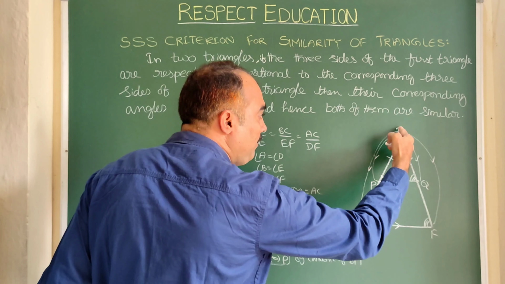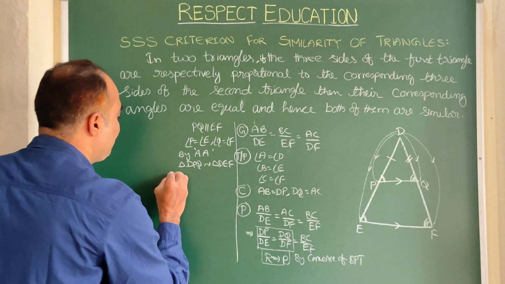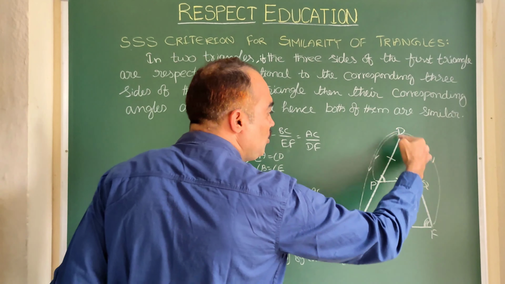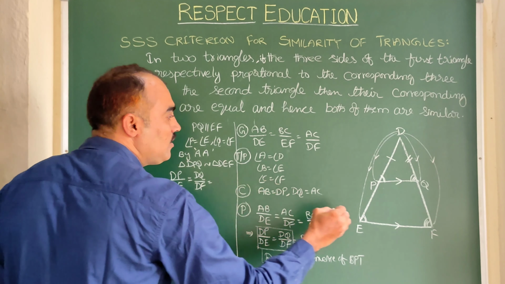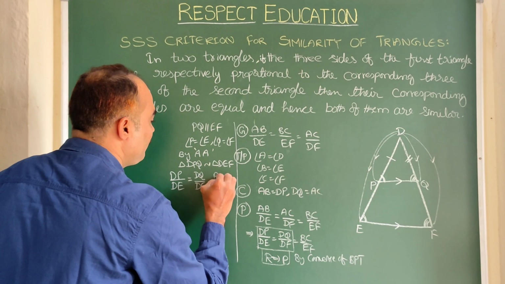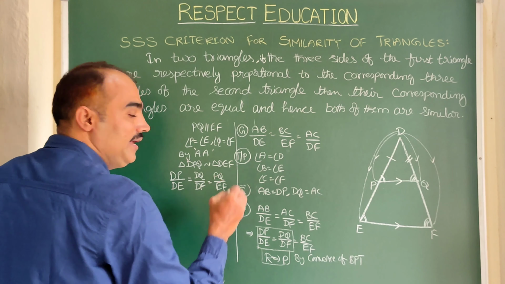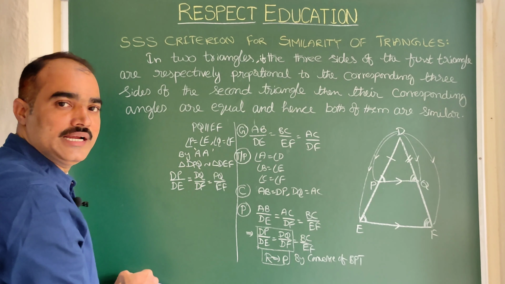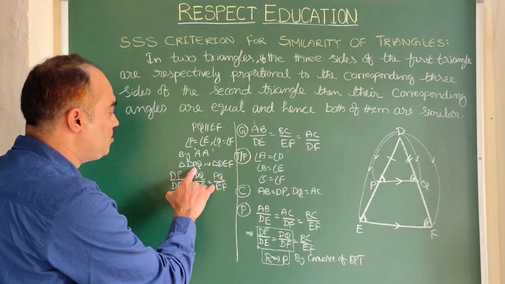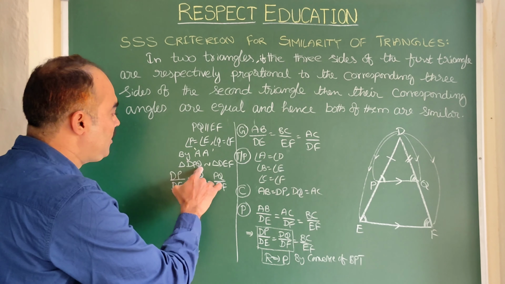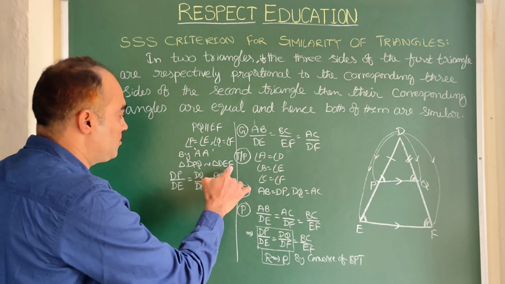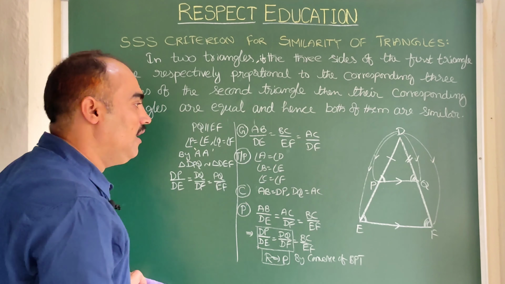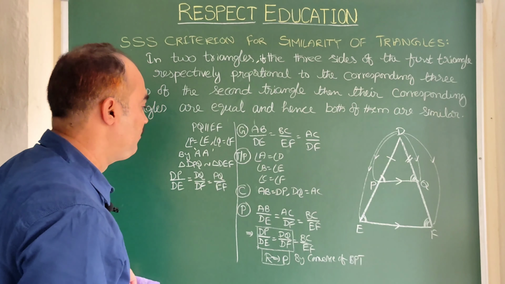Here I am taking DP by DE is equal to DQ by DF is equal to PQ by EF. Even with this labeling you can write it, it's not a problem. See, DP first to DE, DQ first and last DF, PQ last to EF. So by using this it can be written, or you can follow the triangle also, it's not a problem.